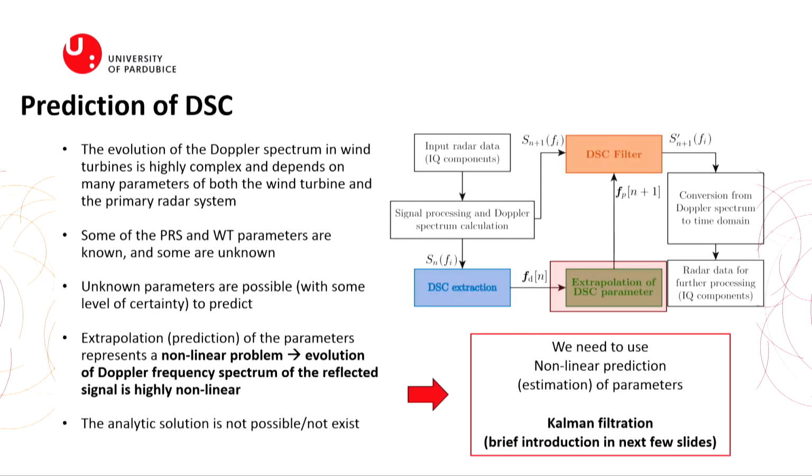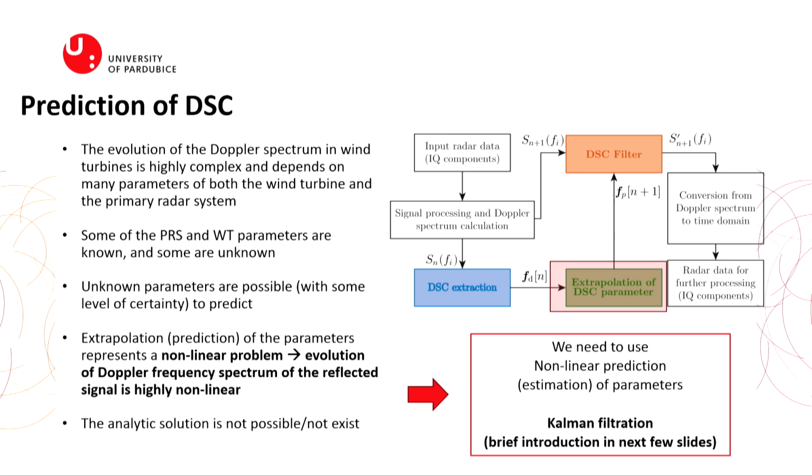So you already know from the presented picture that the Doppler spectrum of a wind turbine is really highly complex and depends on many parameters, from the side of the wind turbine and from the side of the PRS also. So it is a very high dependency. It also depends on the mutual geometry of the PRS and wind turbine and so on.